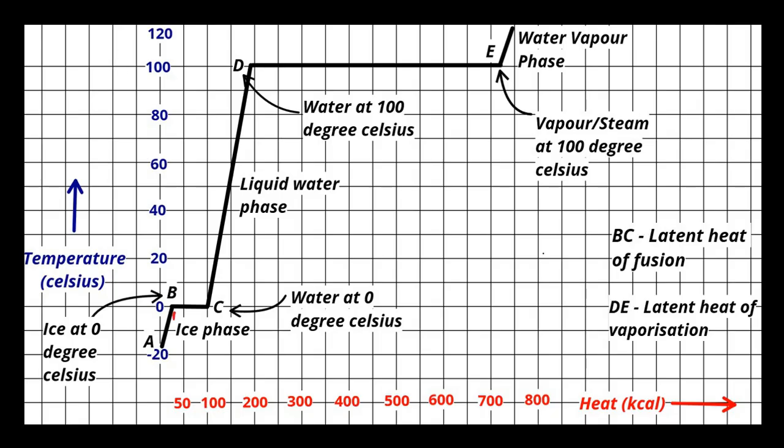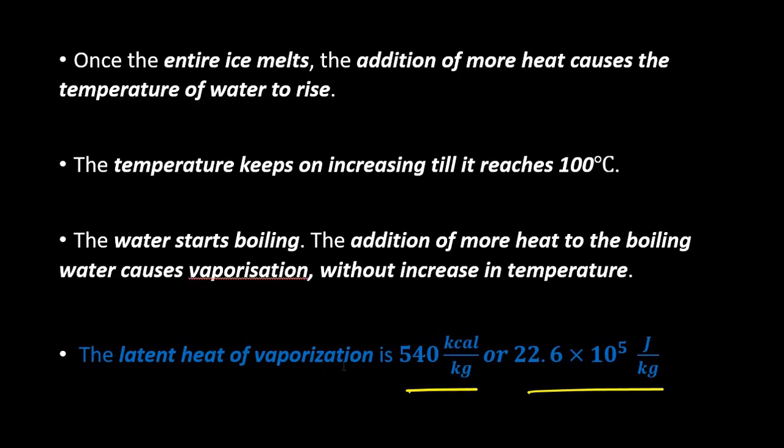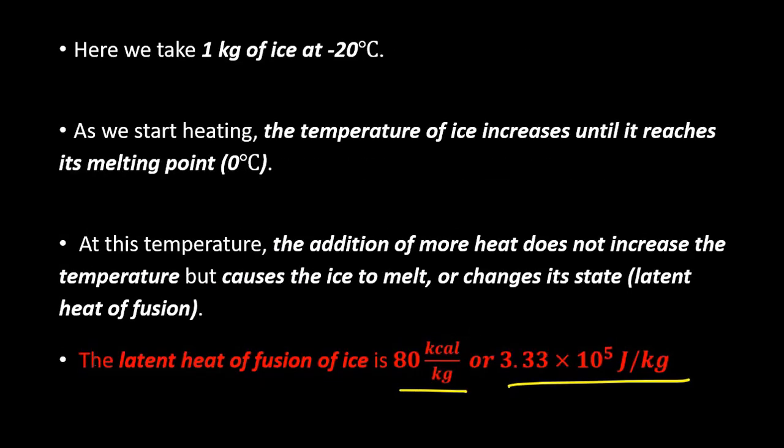So this is the latent heat of fusion, 80 kilocalorie per kilogram, and this is the latent heat of vaporization, which means this much amount of heat will be absorbed to convert the entirety of water to water vapor, and this much heat will be absorbed to convert the entirety of ice to water at constant temperature or thermal equilibrium. And this amount of heat will go hidden, absorbed, without causing any increase in temperature.